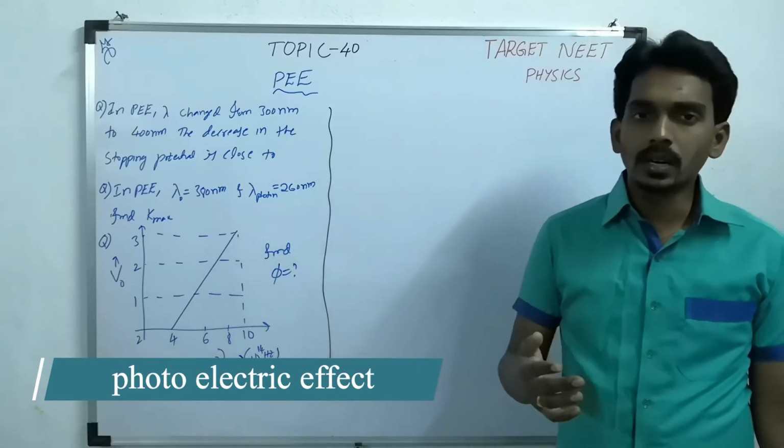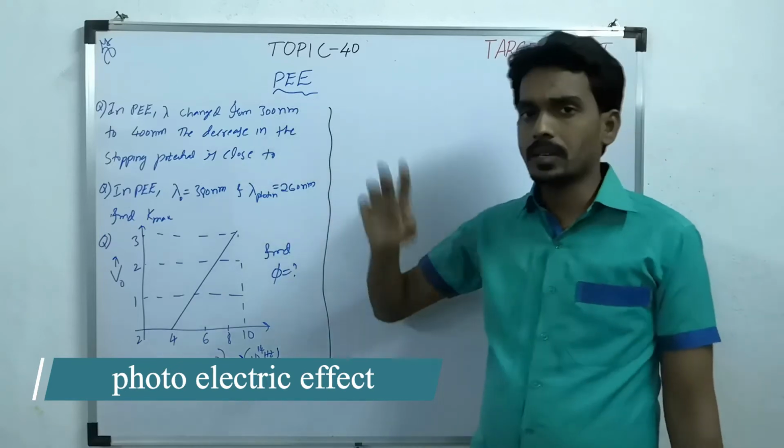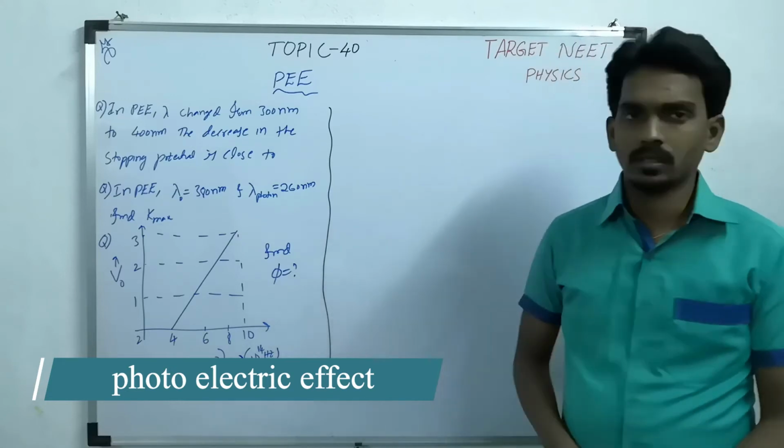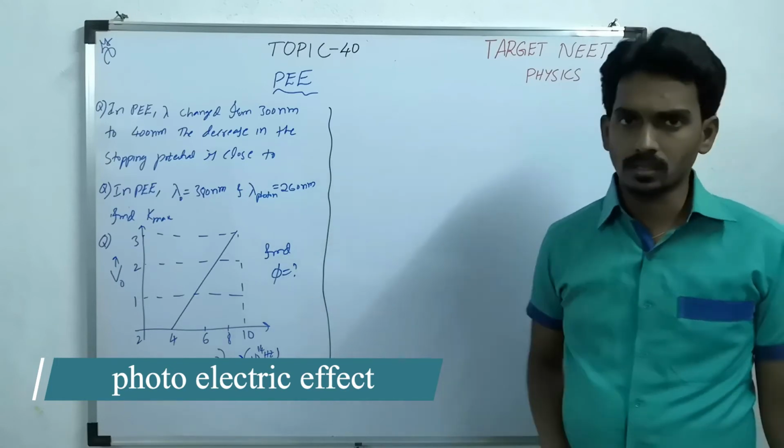If you give the required energy in the form of light energy, then the phenomenon is called photoelectric emission, and the electrons emitted we call photoelectrons.